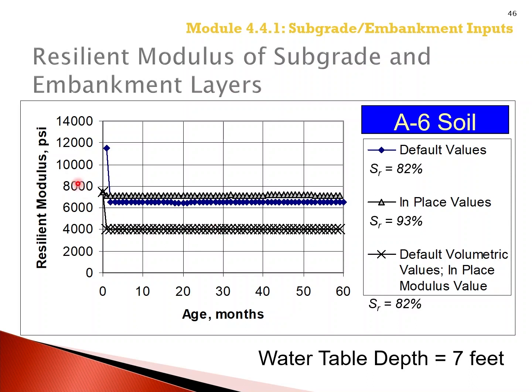However, if the water content and dry density are entered that are consistent with the 93% degree of saturation from the soaked CBR test, the program links the 7,200 to the 93% degree of saturation.